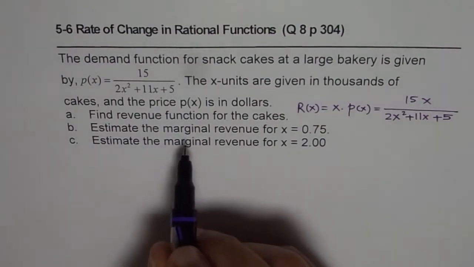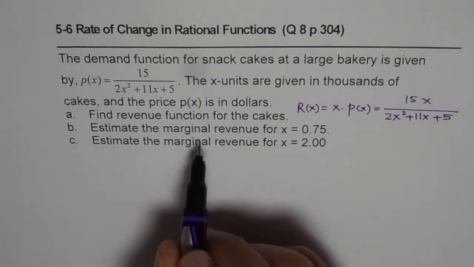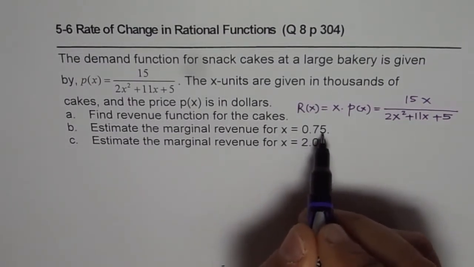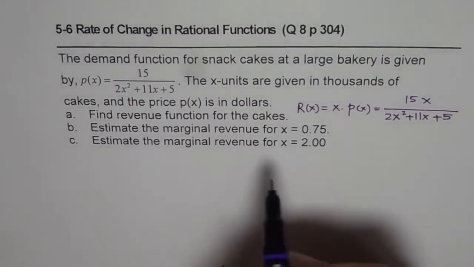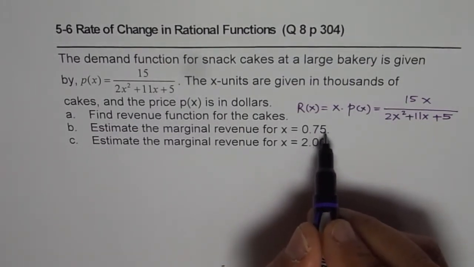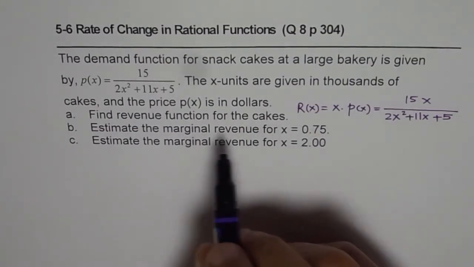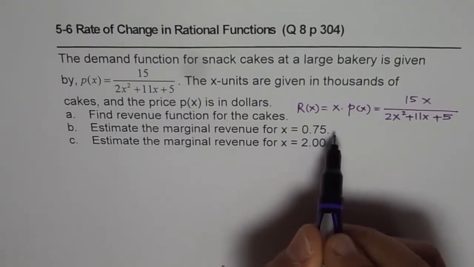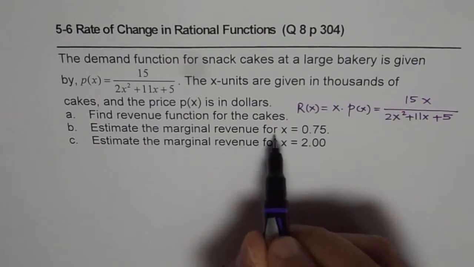Now let us understand the term marginal revenue. Marginal revenue for x equals 0.75, where x is in thousands, represents the 750th cake piece. Do you understand? So when the 750th cake piece is sold, what is the revenue made on that piece?